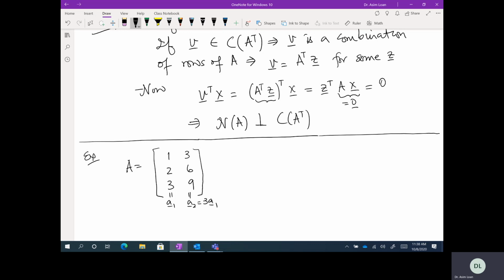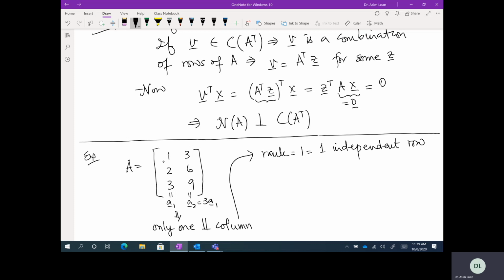So there is only one independent column, which means rank equals 1, equals one independent row. And what is that independent row? The first one is the independent row.